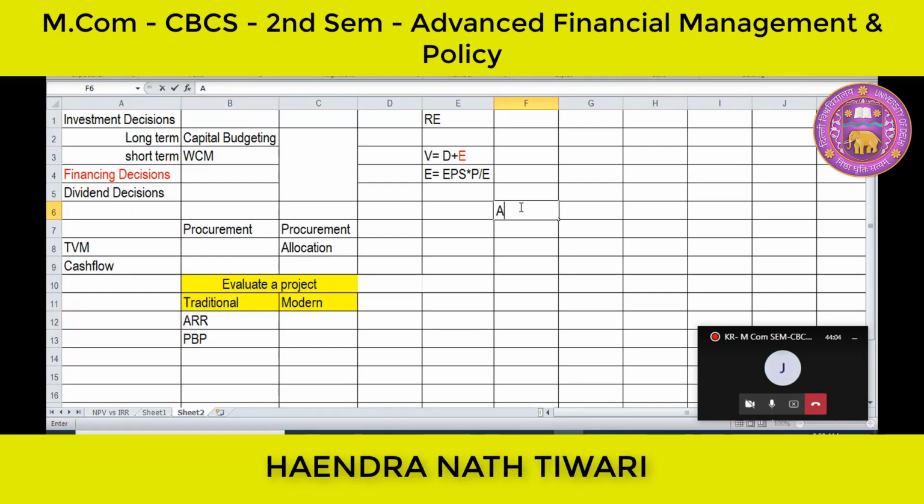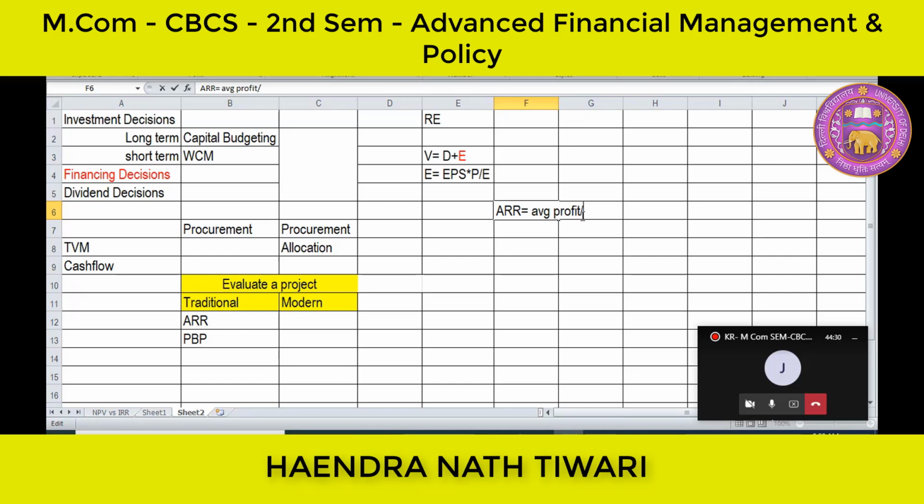So ARR, accounting rate of return, is equal to average profit during the assessment period. If you are buying an asset for 5 years or 10 years, that means you are investing in an asset which has an expected life of 5 or 10 years.